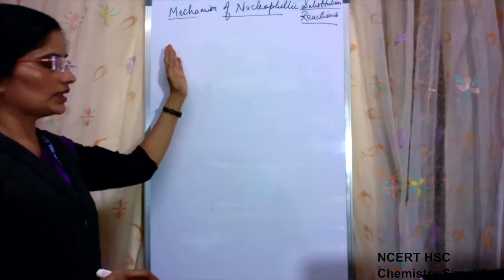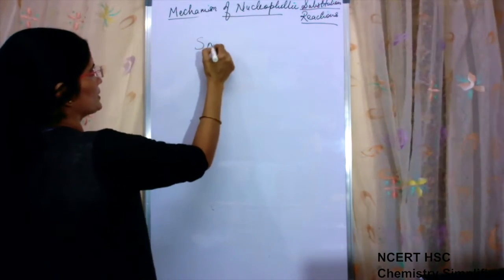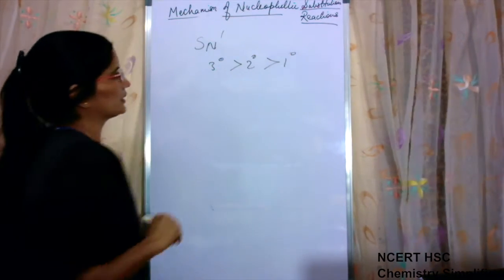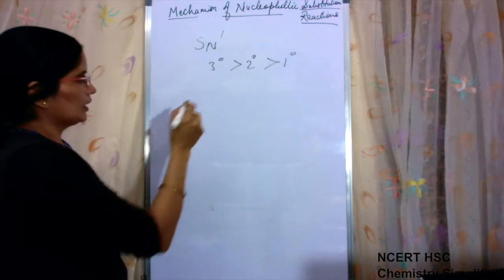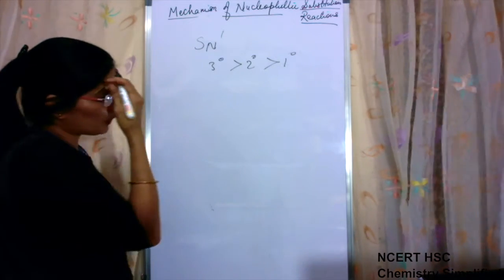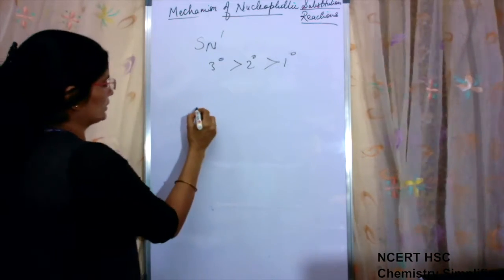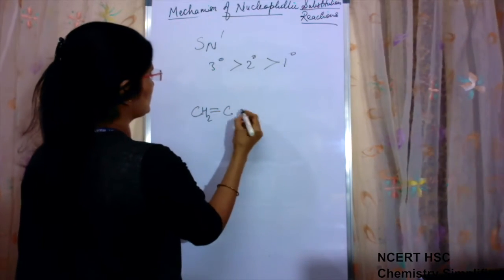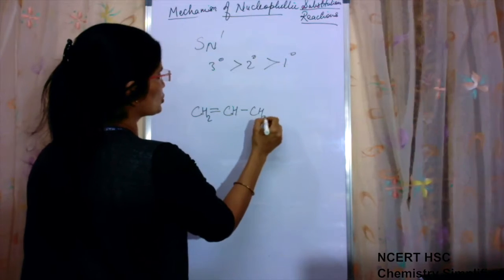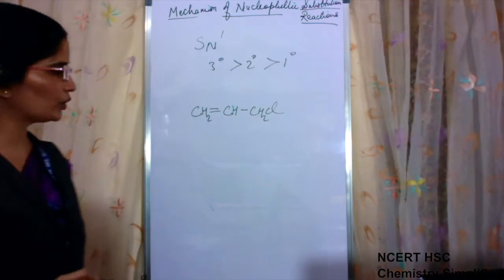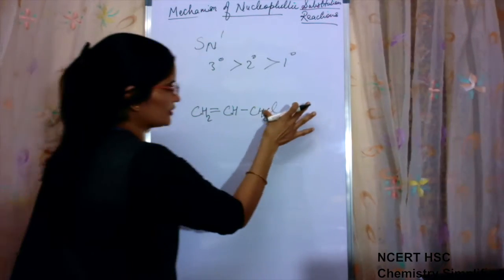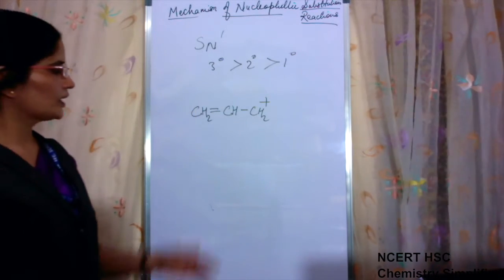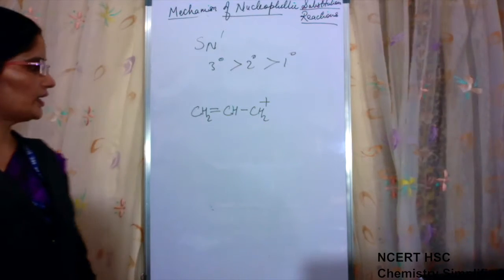Now, along with this, for SN1, as we wrote, 3 degree is faster than 2 degree, which is faster than 1 degree. Along with this, consider carbocations like allylic, CH2 double bond CH, CH2, Cl. This is an allyl chloride. If Cl is removed, then it will become a carbocation.